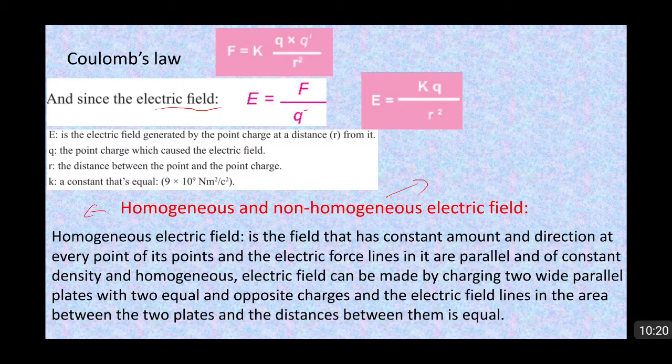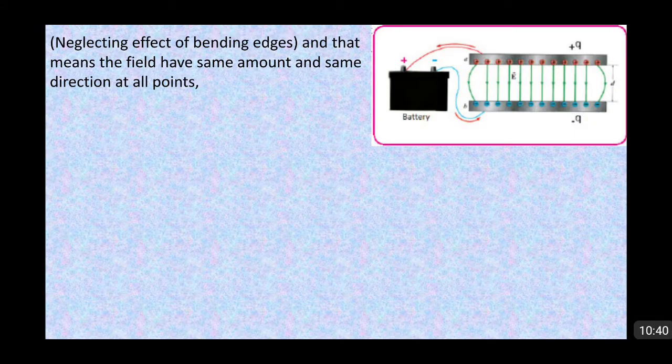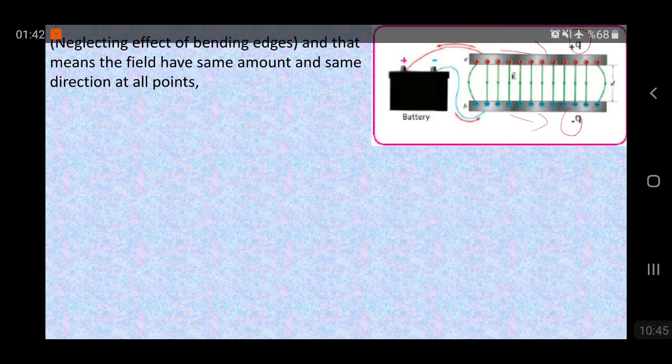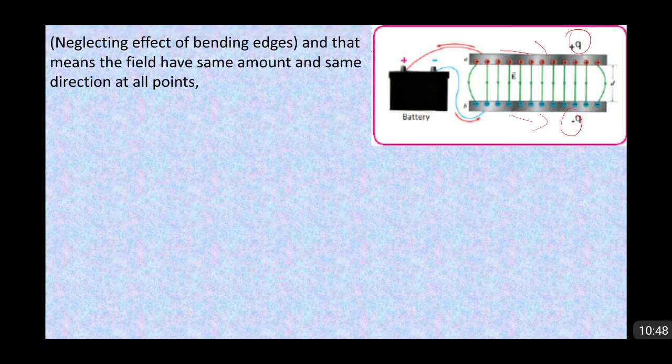Such a field can be made by charging two parallel plates with two equal and opposite charges, a positive charge and a negative charge, and the electrical field lines in the area between the two plates are parallel. Ignoring the effect of bending at the edges, the field has the same amount and same direction at all points.